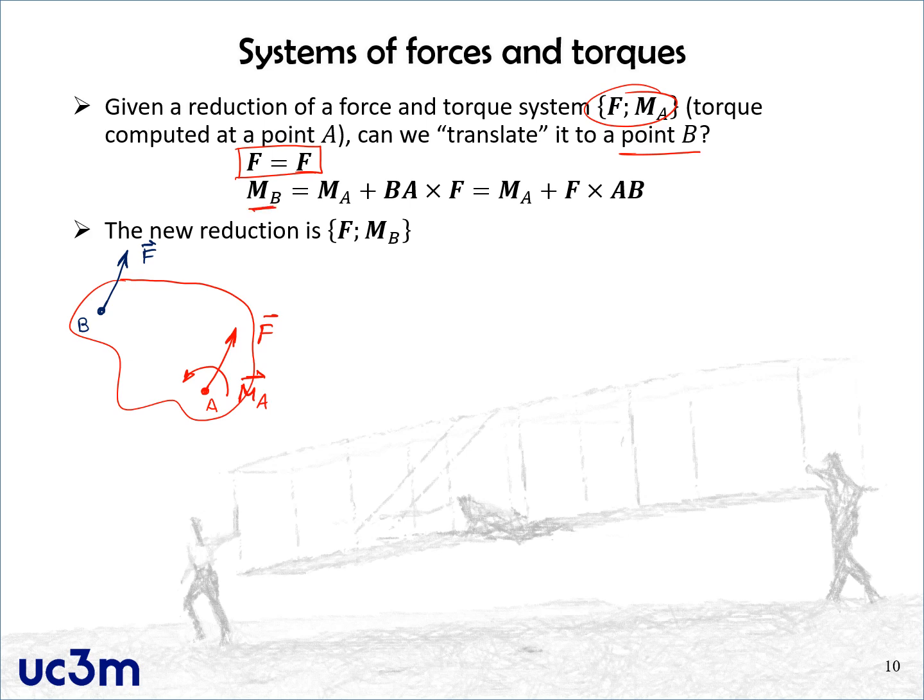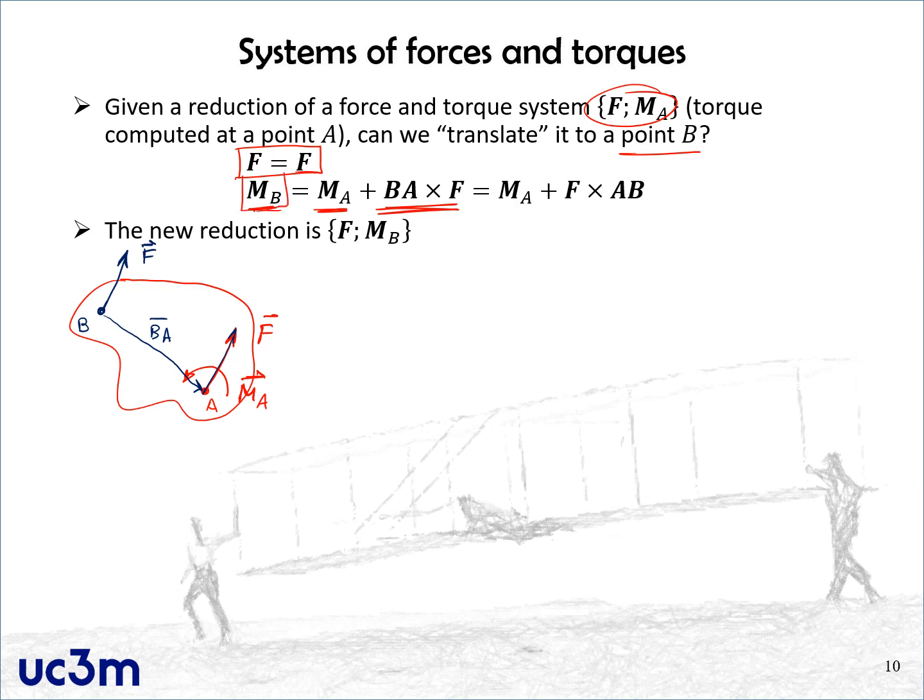We can compute that as the sum of the moment that we had about A plus the torque that the resultant force applied on A creates about B. Okay. In other words, we consider this force and we take the torque from here. This is the vector that goes from B to A. All right, and that gives us the new moment MB.